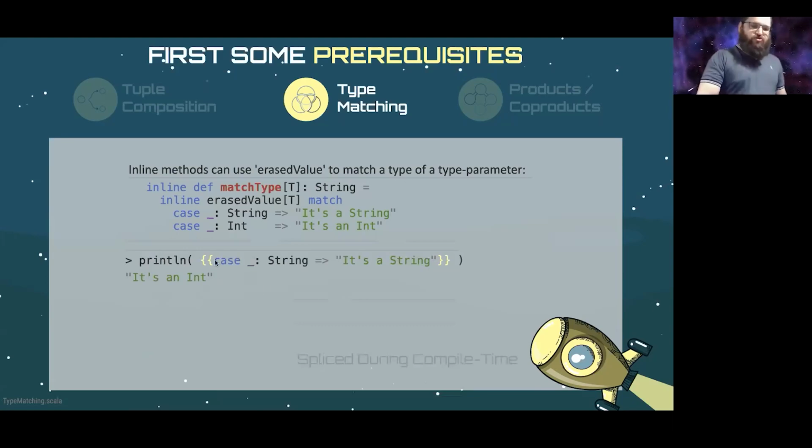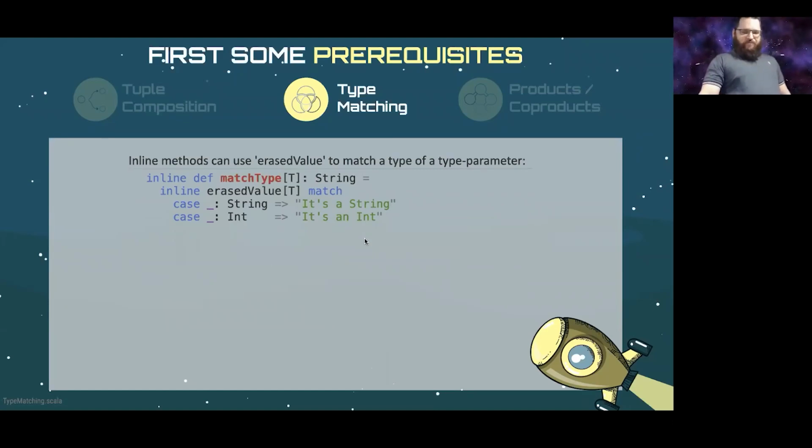So if you do print line of this thing, an int or string or whatever, actually, that's wrong. This is supposed to be int, but anyway, this thing actually gets swapped in, and this is the code that you end up with. Sorry, it's supposed to be int, not string. I made a mistake on the slide. Anyway, so, okay.